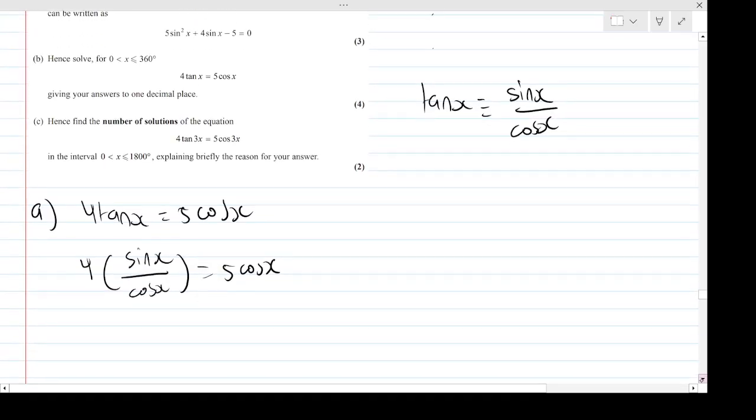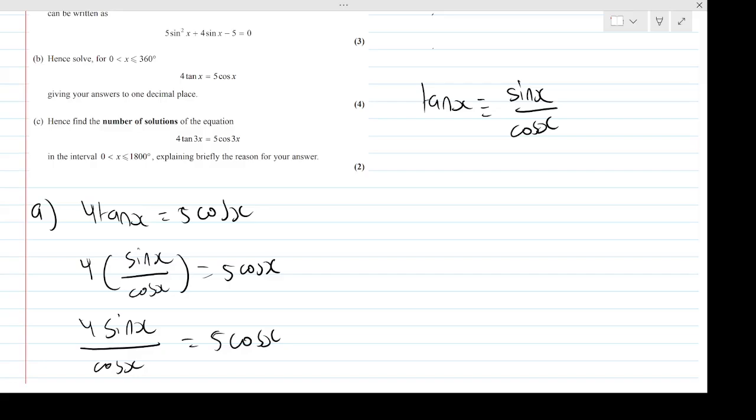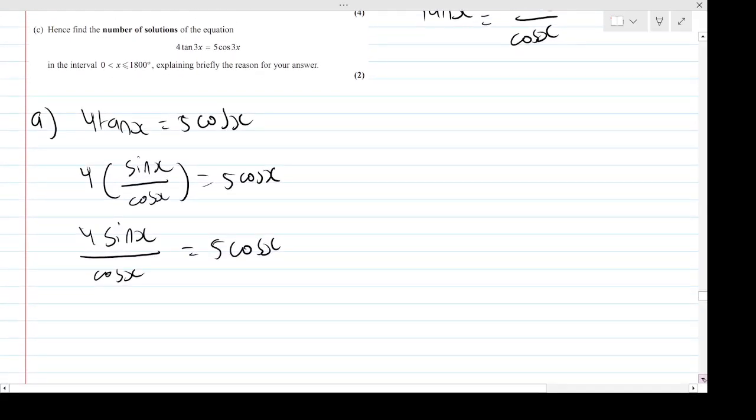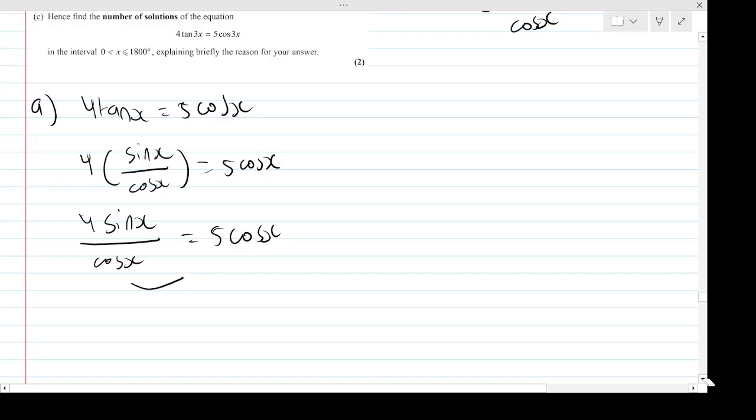Right. So then we can say that 4 sine x over cos x, if we just expand the bracket, is 5 cos x. And then I can times across, right? Get rid of the fraction by timesing both sides by cos x. So then 4 sine x would be 5 cos x times cos x, which is cos squared x.